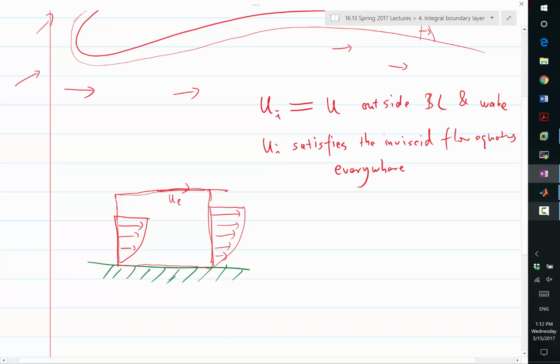But there is no contribution to the mass flux by UE. Is there any contribution orthogonal to the wall? There is. Why is that the case? Because if you do conservation of mass, there's more mass coming in on the left side of the control volume, and then going out the way. That's right.